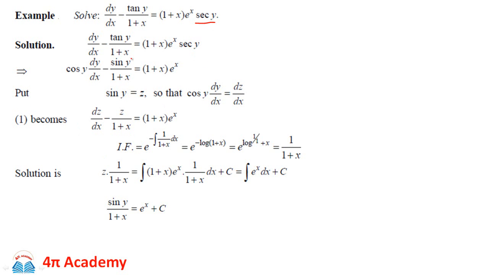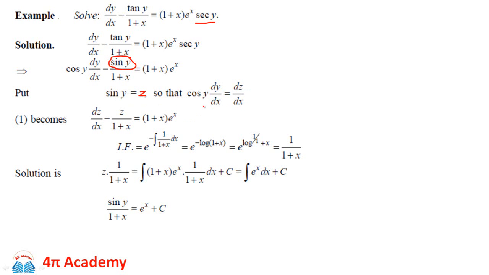Now let us substitute here this sin y is equal to another variable, suppose z. So if I substitute this sin y as another variable z, then let us differentiate this with respect to x. So differentiating this with respect to x, we get cos y dy by dx, and this is equal to dz by dx.